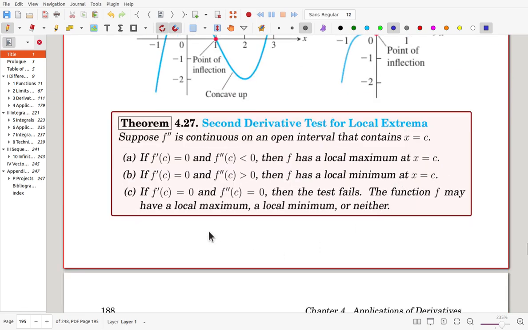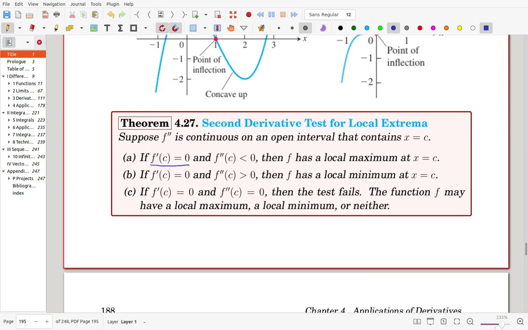Okay, now we'll consider the second derivative test for local extrema, and we want to decide, for a critical point, whether it is a local maximum or a local minimum. So here, part A: f prime at c equals 0, which means that c is a critical point.